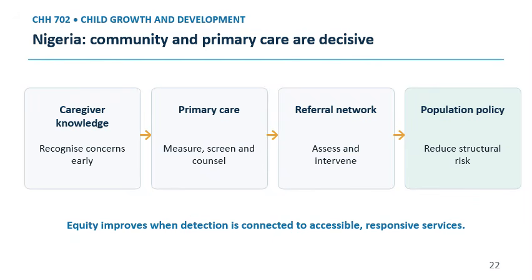Integrated child health platforms provide opportunity for growth monitoring, counseling, and early recognition, but implementation quality matters. Equity improves when detection is connected to accessible, respectful, and responsive services within the social context of the environment.